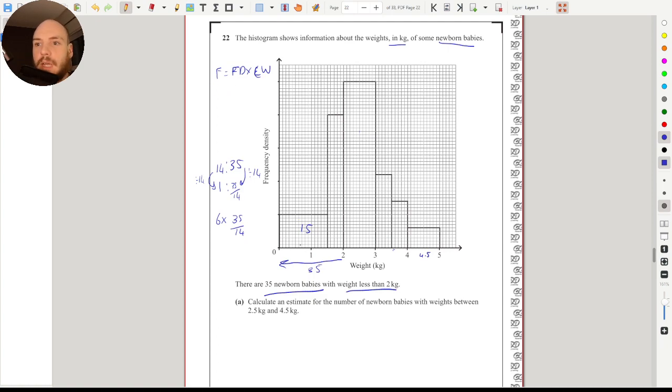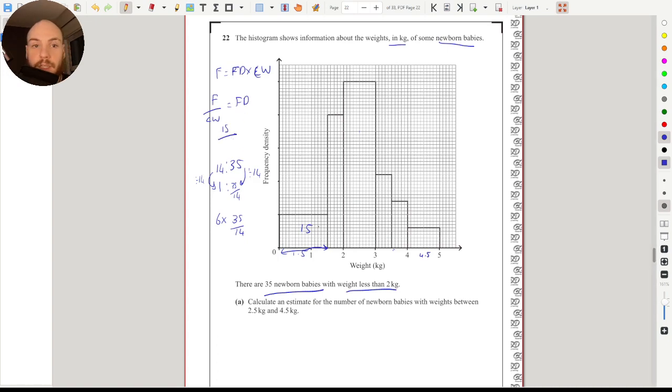The class width here is 1.5. I'm going to rub out this 35 here. If we rearrange this equation, it would be frequency divided by class width is equal to frequency density, and our frequency is 15.